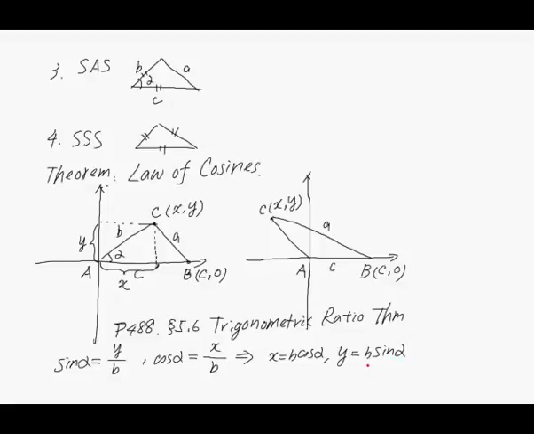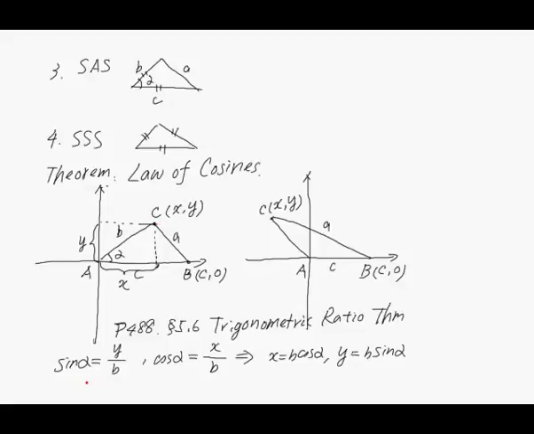So now we try to express the length a in terms of the b and the c and the alpha. Since this a is just the distance between the point B and point C, right? So we can use the distance formula to find this length.